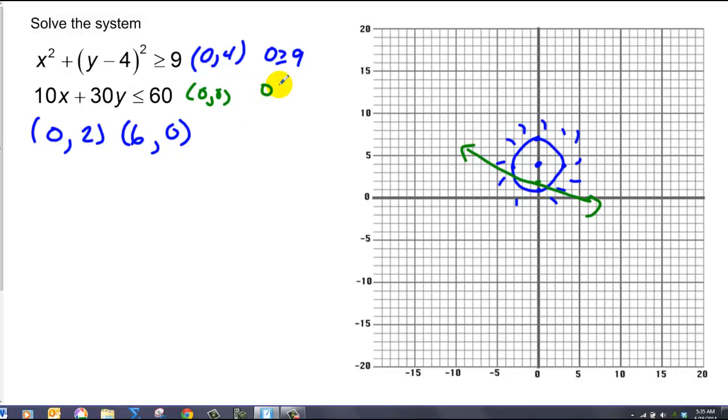I get 0 less than or equal to 6. It's true, so I shade down this way, and my double shaded region would be everything below that line, but not the little portion of the circle.